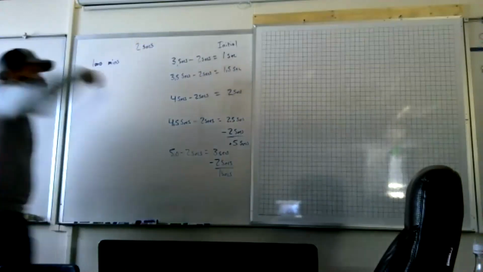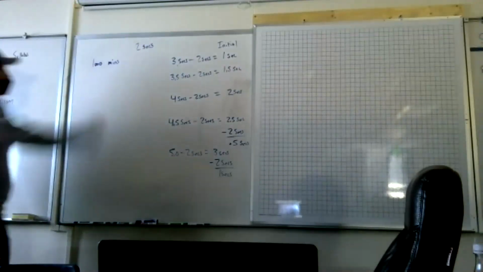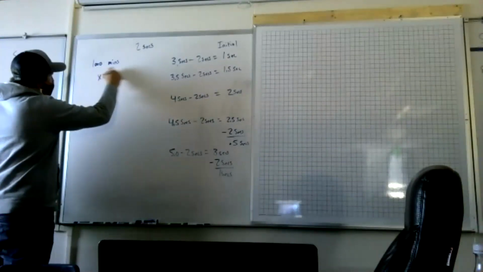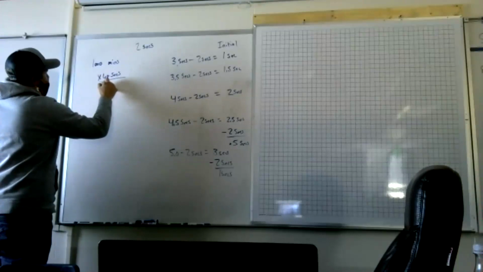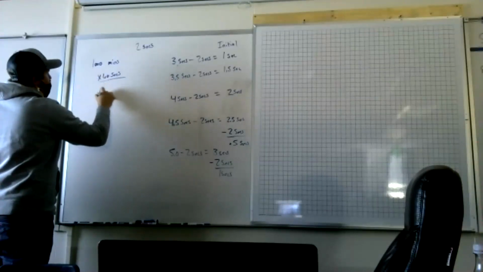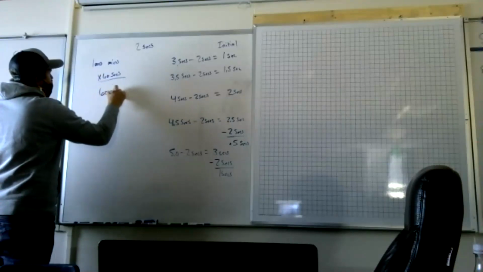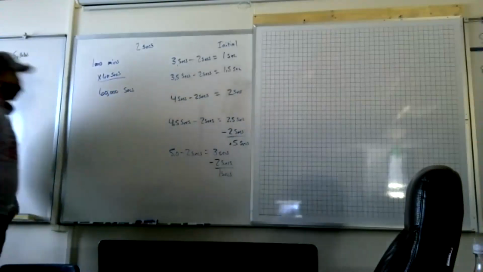So first, I want to find out how many seconds are actually in 1,000 minutes. I'll multiply by 60 seconds, and I would get that in 1,000 minutes there are 60,000 seconds.